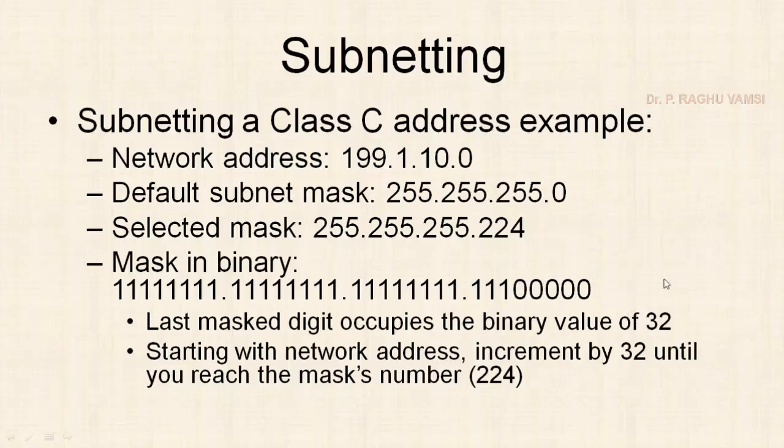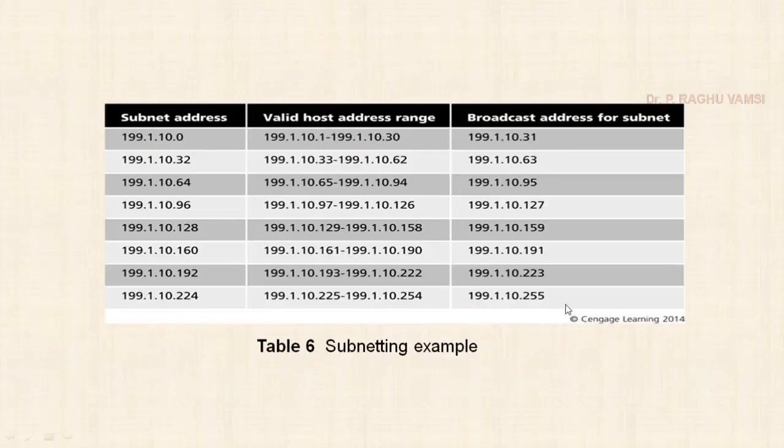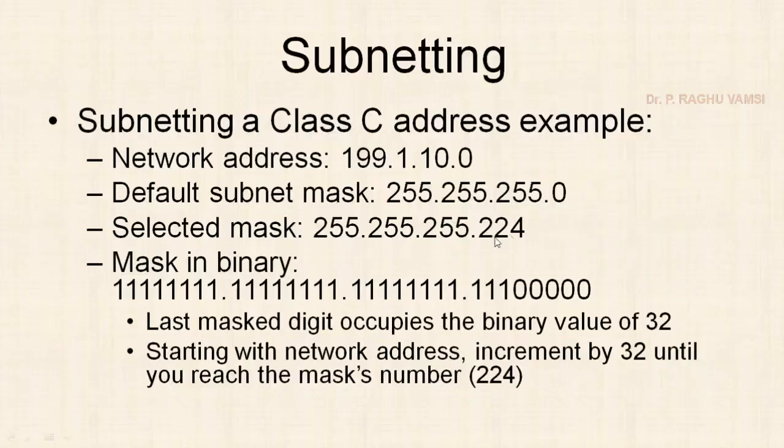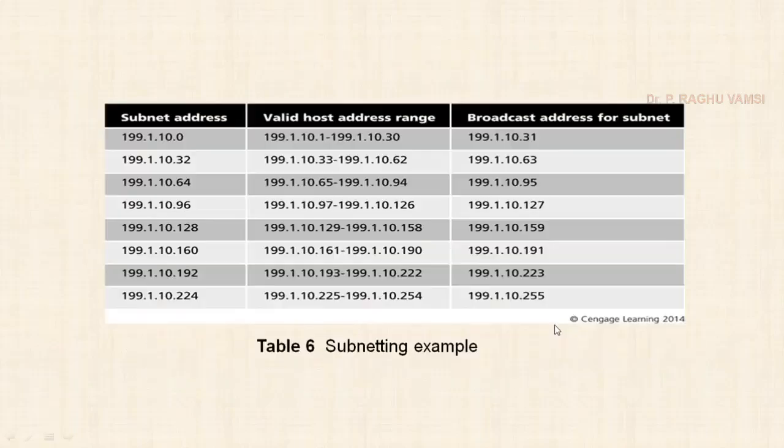This calculation gives you the number of IP addresses that you can allot to the subnet. So with this subnet mask 224, you can create 8 subnets, and for every subnet you can allot a maximum of 32 IP addresses.